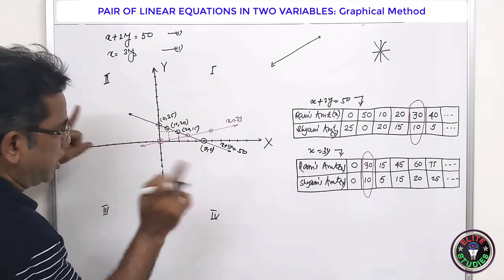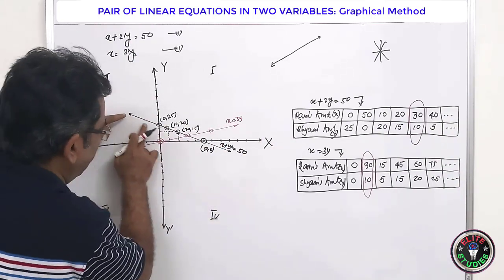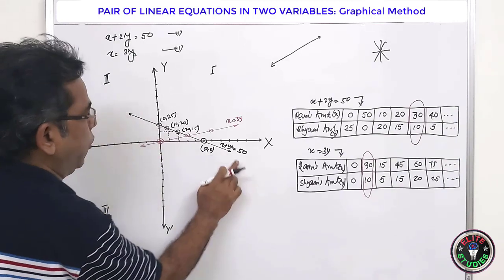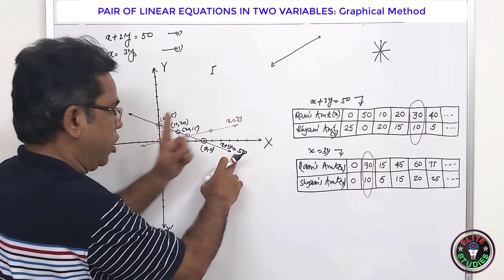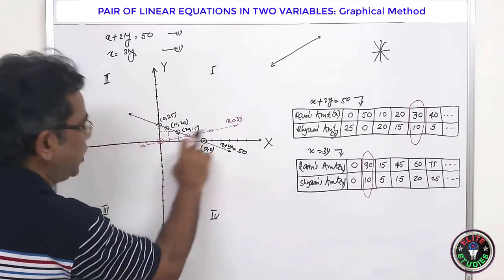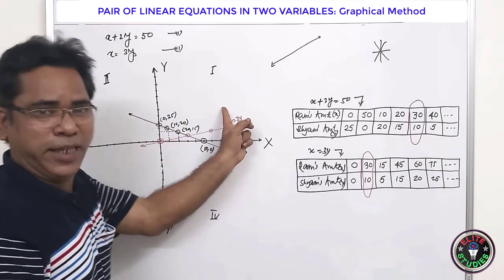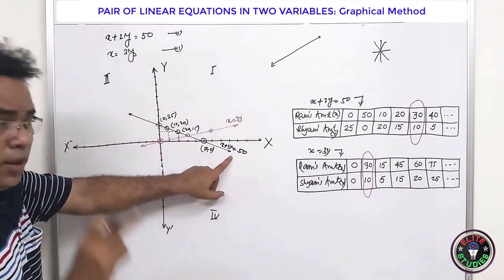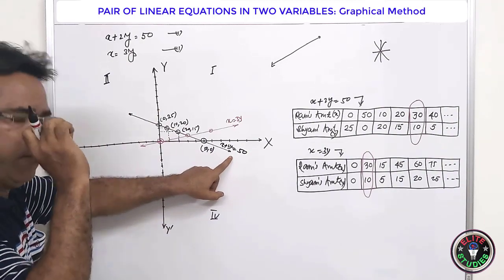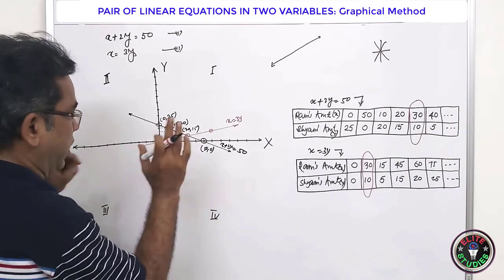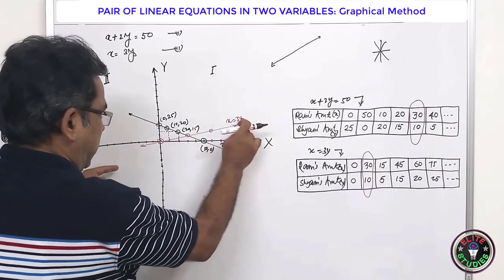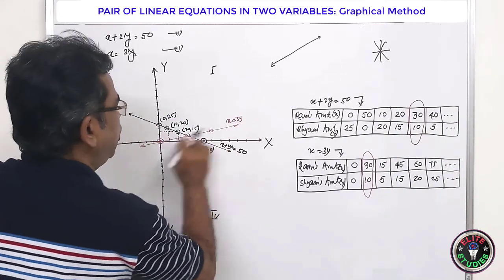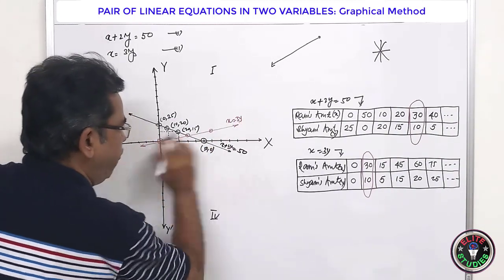Now you should understand one thing very clearly. Those points which are on this line will satisfy this equation, but not that. And those points which are on this line will satisfy this equation, but not this. This is very, very important. Listen to me very carefully, dear students. This is the most important thing. All those points on this line, there are infinite points.